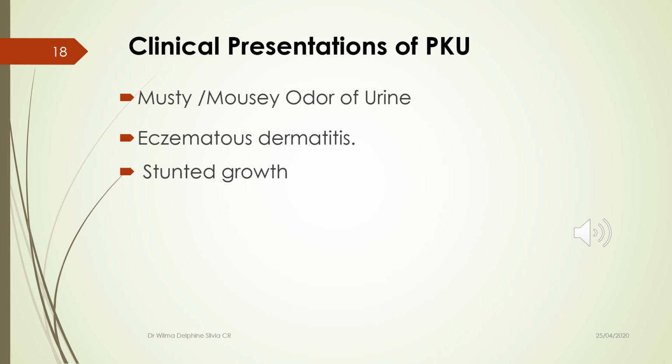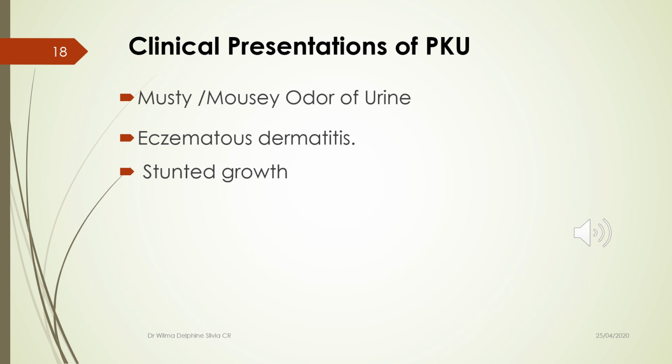This phenylalanine enters into the minor pathway and gets converted into phenyllactate, phenylacetate and phenylpyruvate, which are not normally produced in significant amounts in the presence of functional phenylalanine hydroxylase. But in case of phenylketonuria, these are elevated.